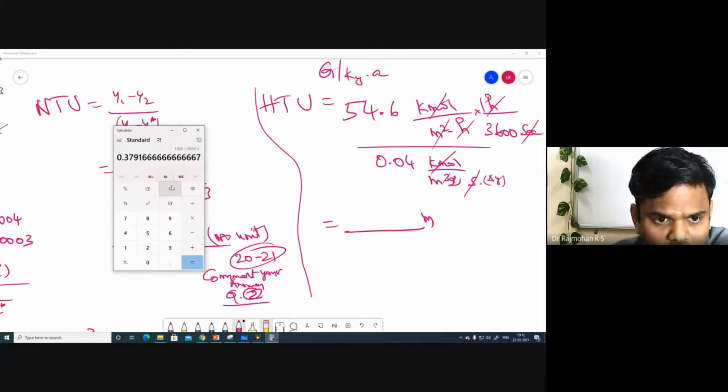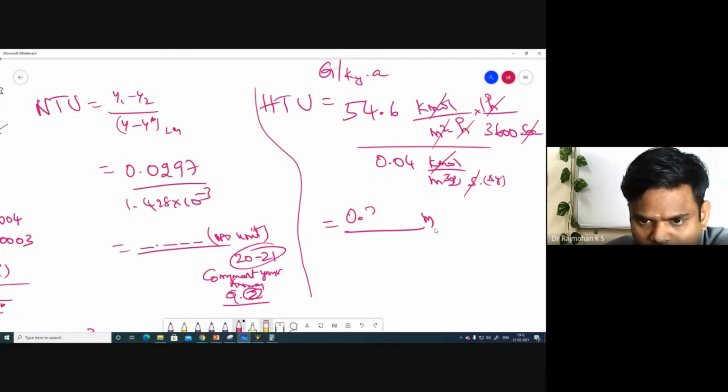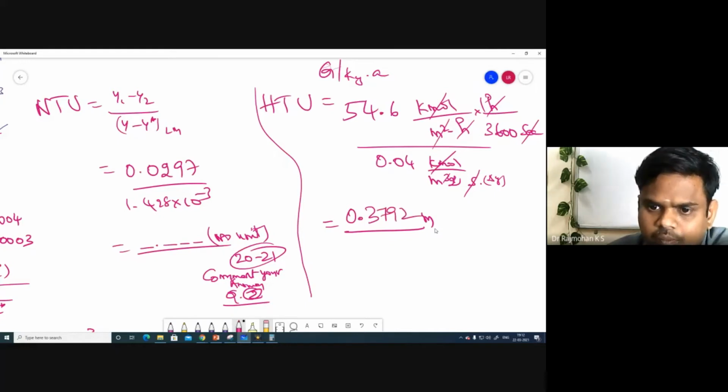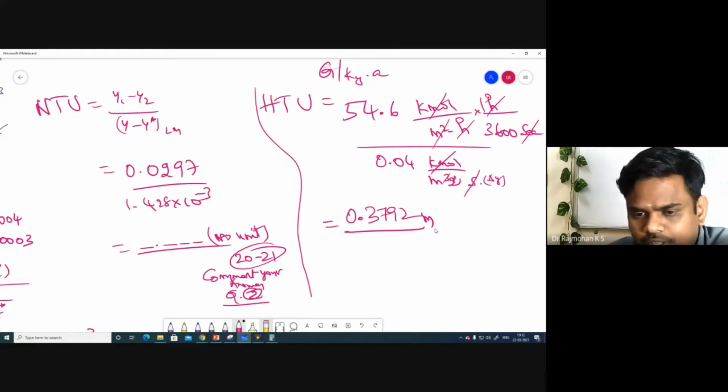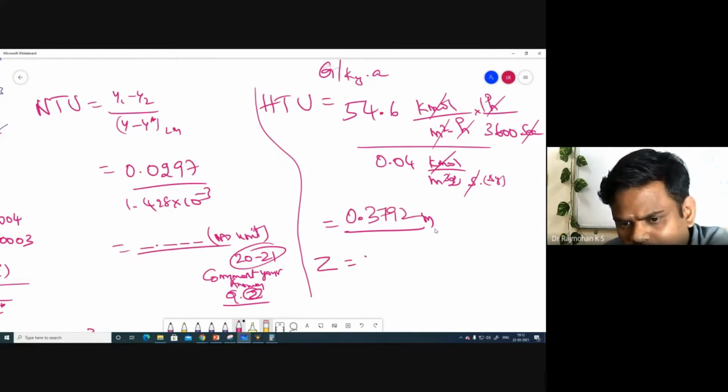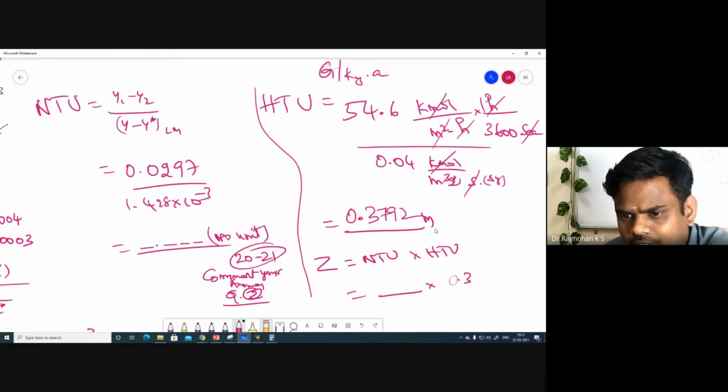We will get around 0.3792 meters as HTU value. So Z is equal to NTU into HTU. Okay, so substitute the value you have calculated to get Z value in terms of meters. Final answer also you please comment your answers.